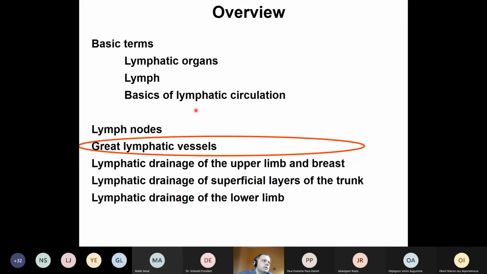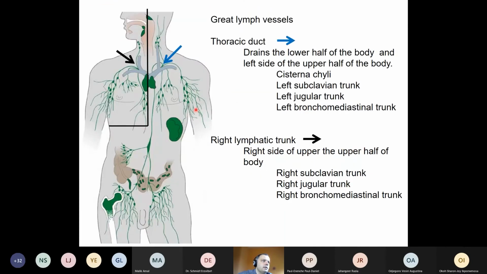And as I mentioned, we have these great lymphatic vessels. So after filtering the lymph fluid in the secondary and sometimes tertiary lymph nodes, larger lymph vessels are formed, which are fusing with each other. The largest one is the so-called thoracic duct, and that drains into the neck area, into the so-called left venous angle, and it picks up a couple of lymphatic vessels.